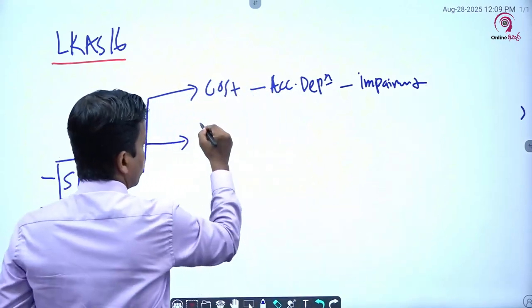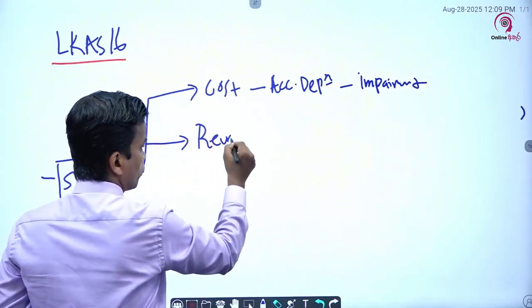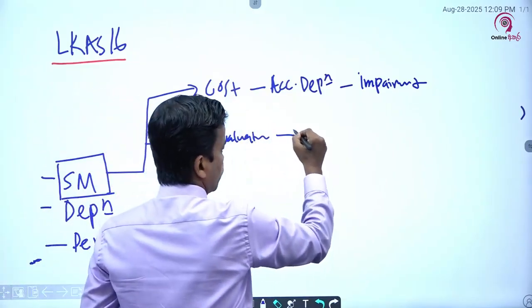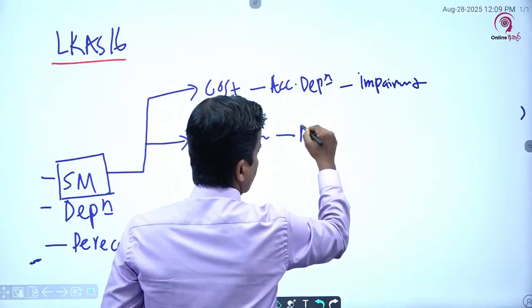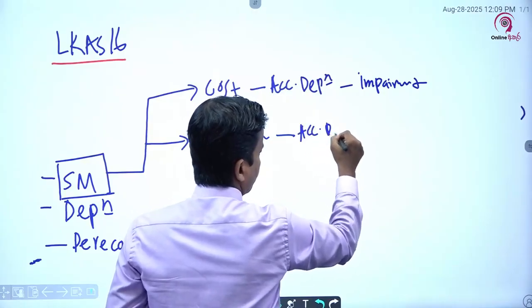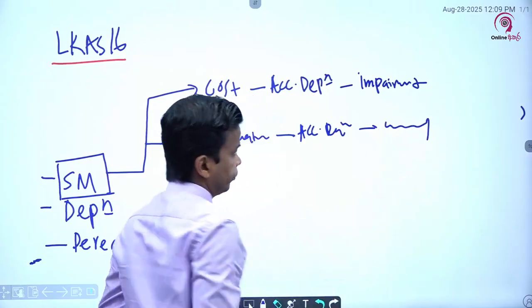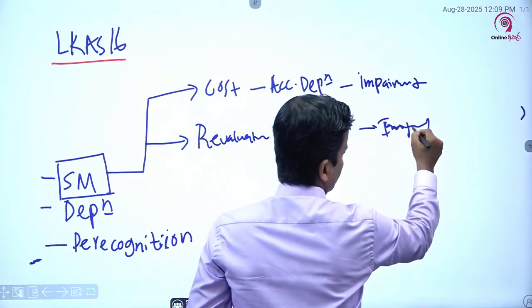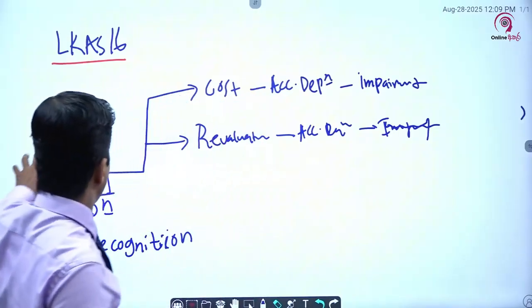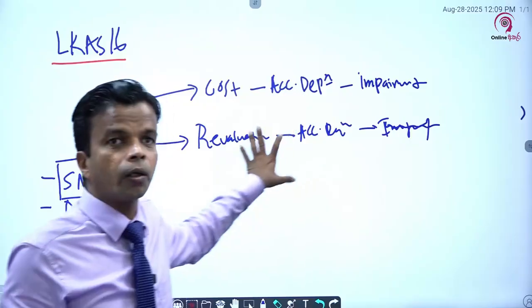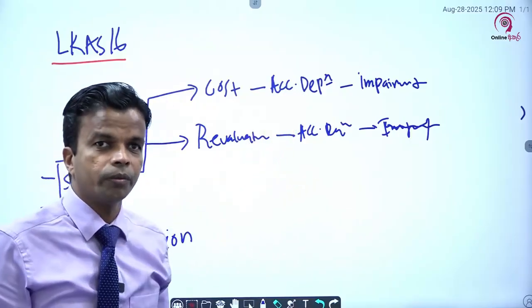Or you can move into the revaluation model. Subsequently, you can move into revaluation, and then on the revaluation amount, you can identify accumulated depreciation and impairment. So, for subsequent measurement, you have two methods you can follow, either the cost model or the revaluation model.